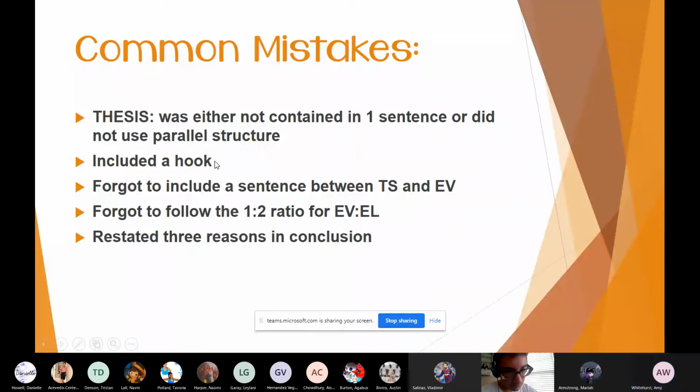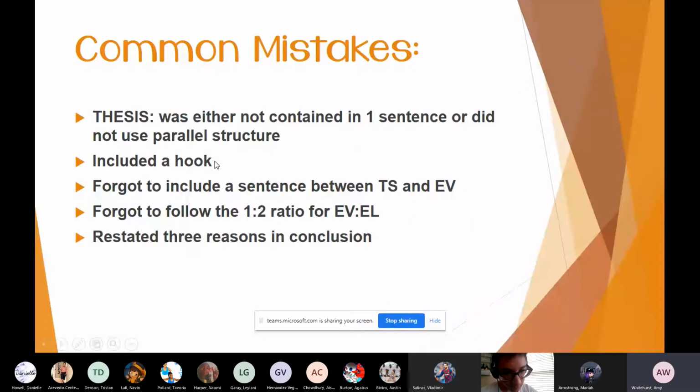However, I want you to keep in mind that when we are in 11th and 12th grade, we don't want our essays and our writing to still be at an elementary level. So we really want to work this year to enhance our writing skills and establish how to write at a sophisticated level. And that does include moving away from hooks and attention getters.